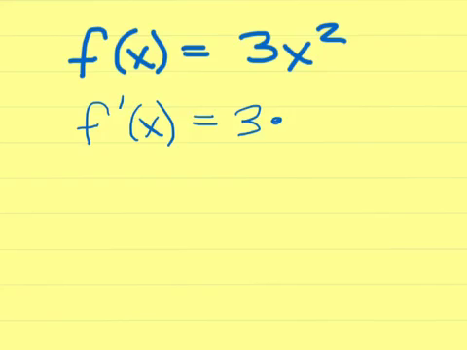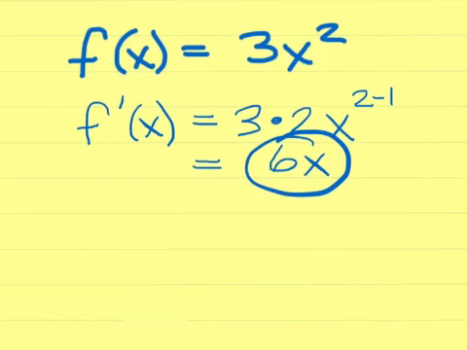Whatever the exponent is on the variable, you move it down in front of the variable. And then you subtract 1 from that exponent that's at the top, and then simplify to get your final answer. 3 times 2 is 6, and then x to the 2 minus 1 power is simply x. So you're left with 6x being the derivative, the first derivative of 3x squared.